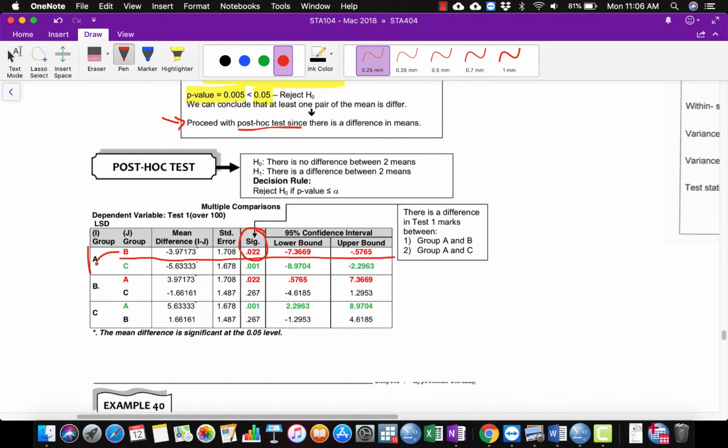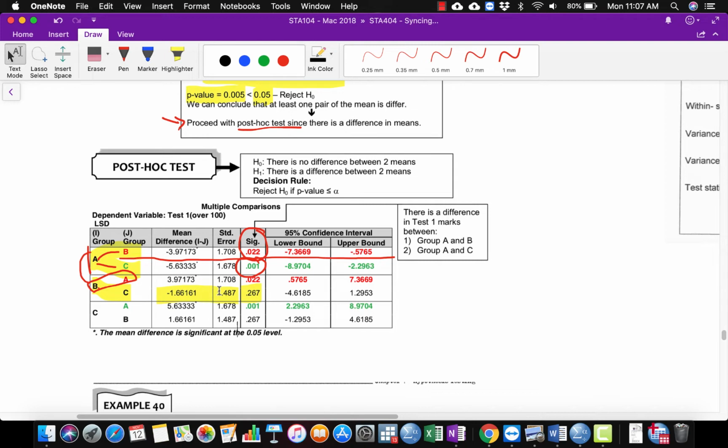Same goes for group A and group C. Look, the p-value is less than 0.05, so we can conclude that there is a difference between A and C. B and A is also the same as A and B. We don't need to mention it two times, but what we want to focus on is B and C. So we already focused on A and B, A and C. Now we want to proceed with B and C. Look at B and C. The p-value for B and C is more than 0.05.